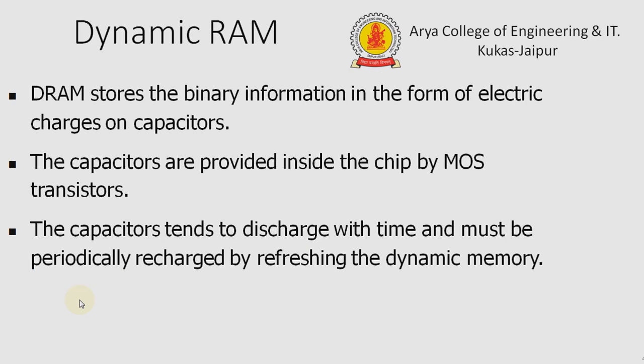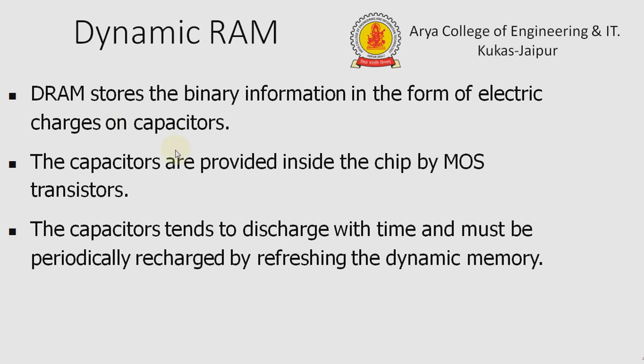Dynamic RAM stores the binary information in the form of electrical charge on a capacitor, which leaks away in a very short time. Therefore its content must be periodically refreshed, usually every 2 milliseconds, by restoring the capacitor charge to its full value.